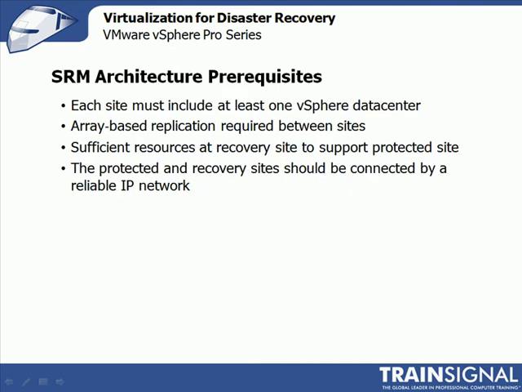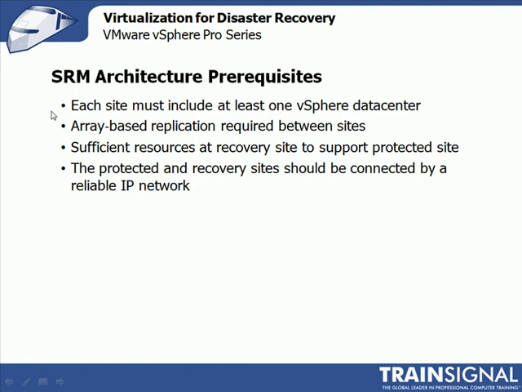All right, by now I'm sure you're wanting to dive in and learn what you need to know to install and configure your own SRM installation. Before you begin that though, you'll have to satisfy a few prerequisites before you can do the installation. The first is that each site must include at least one vSphere data center. So this means you'll need ESX servers and vCenter servers installed and configured at each of your at least 2 sites.